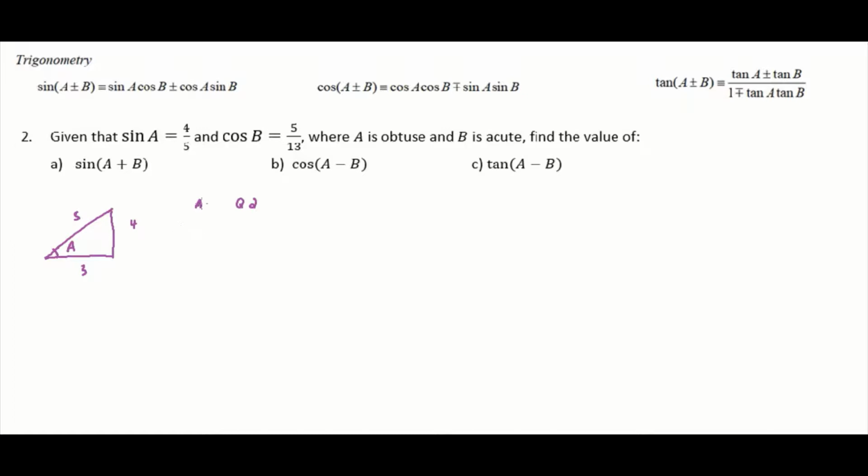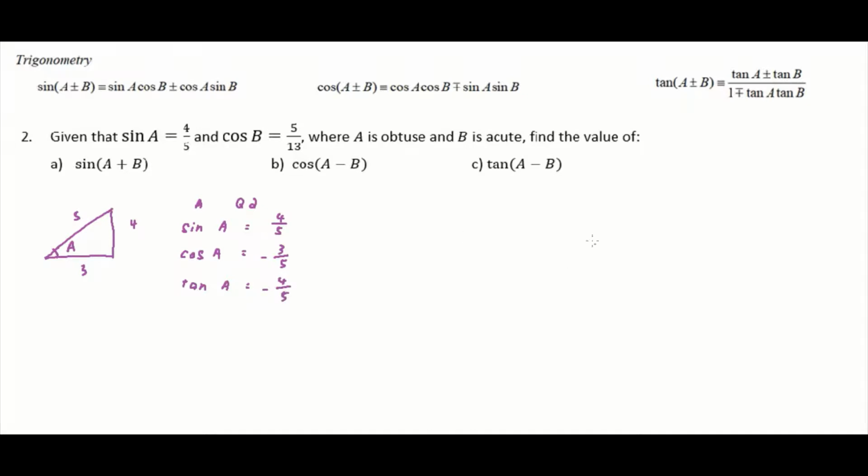So A in quadrant 2, that's why your sine A is going to be 4 over 5. And then cos A is A over H, so 3 over 5, but quadrant 2, so that's why negative. Same thing, tangent A is O over A, so negative as well.